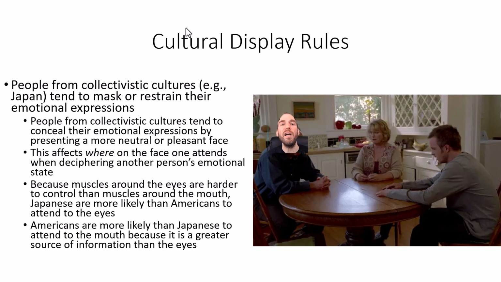But interestingly, cultural display rules not only impact your displaying of emotions, when and where you display them, but because of that, you're going to have to attend to different parts of the face to understand the emotions of other people in your surroundings.